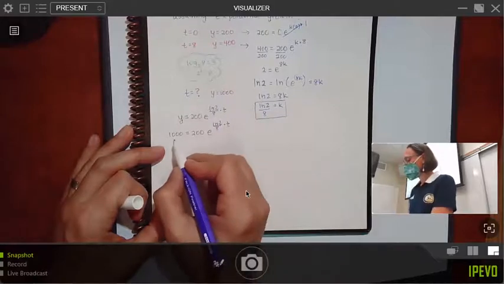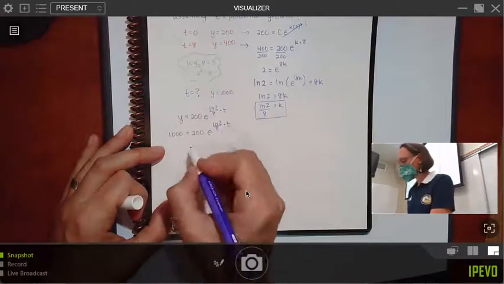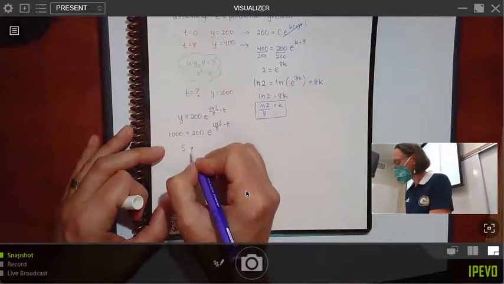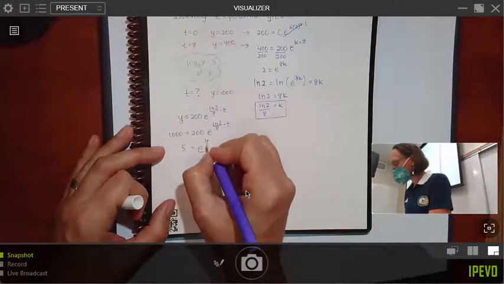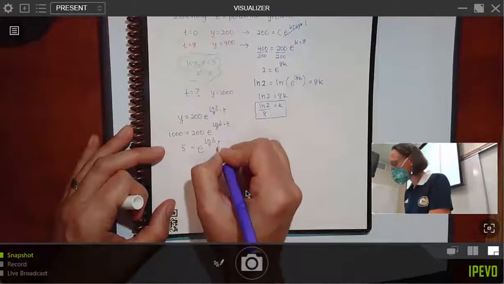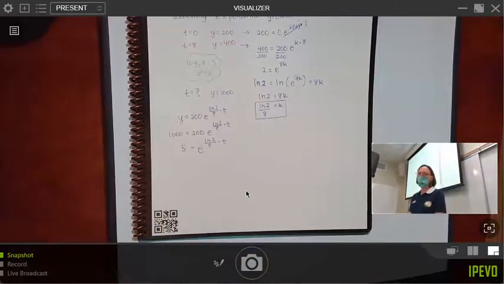Well, 1,000 divided by 200, that I can handle. That's going to give me 5 is equal to e to the ln of 2 divided by 8 times t. Well, that looks gross.